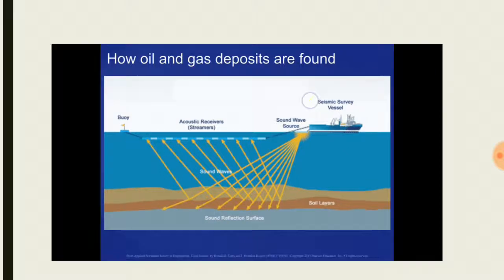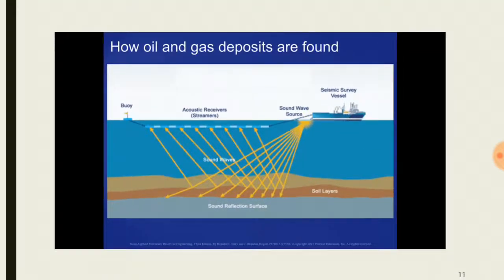For example, you can see this is a ship which has emitted some sound waves under the surface. They are reflected back, and then they are recorded by an acoustic receiver.